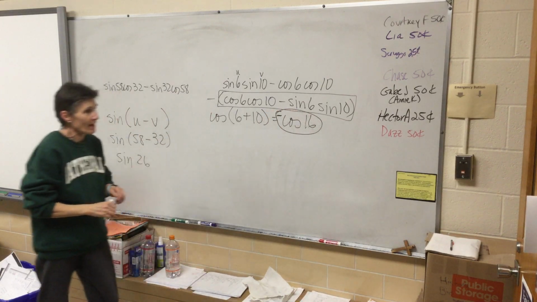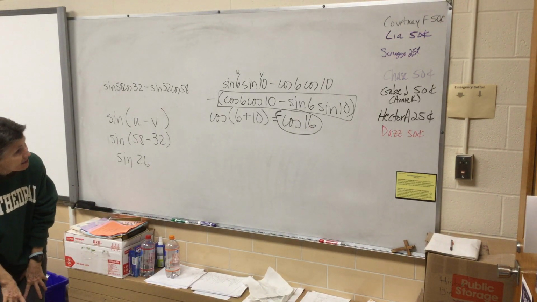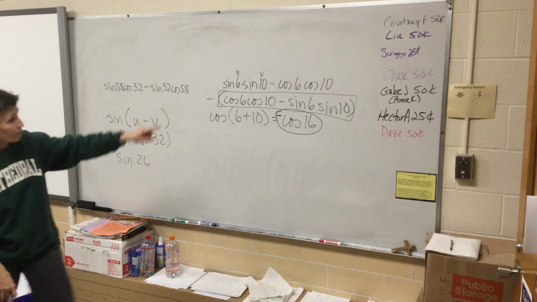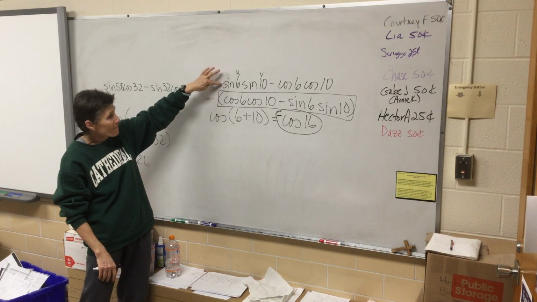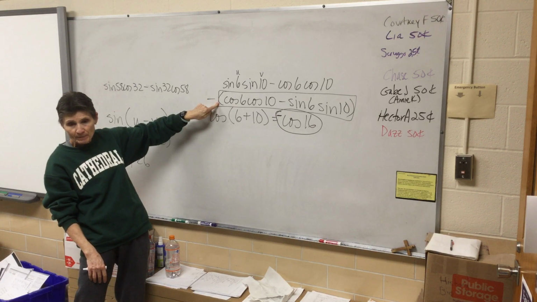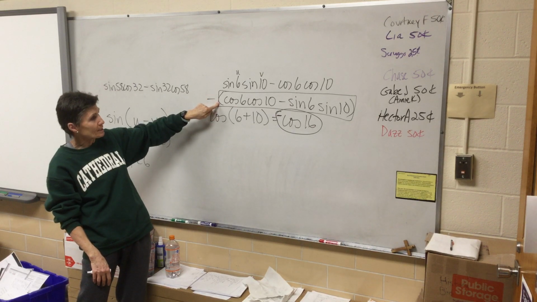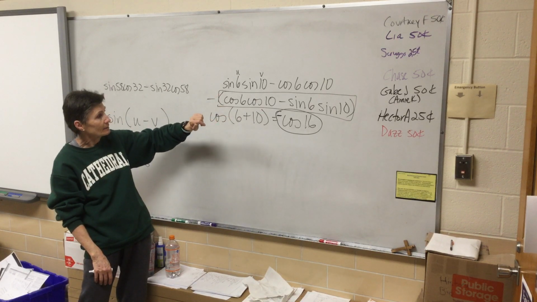So the answer to that would be negative cosine 16, because the formula on the notes is backwards of the formula that you need. The identity on the colored sheet is cosine, cosine minus sine, sine.